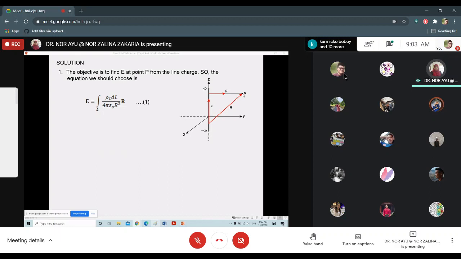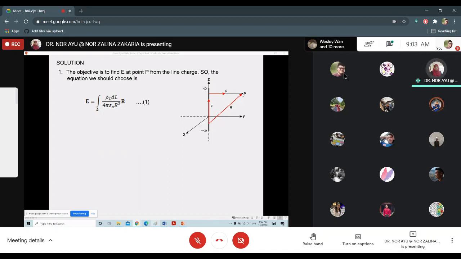So how to draw this triangle is that you know that this is from the line towards your position P. From the line towards the position of P, you draw one straight line from your line charge towards P.